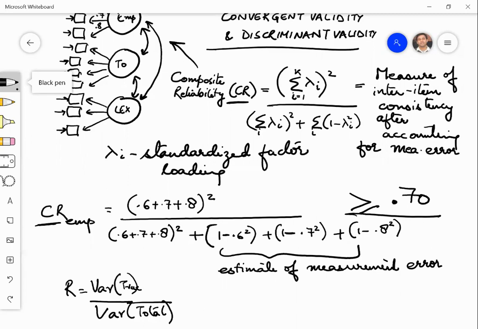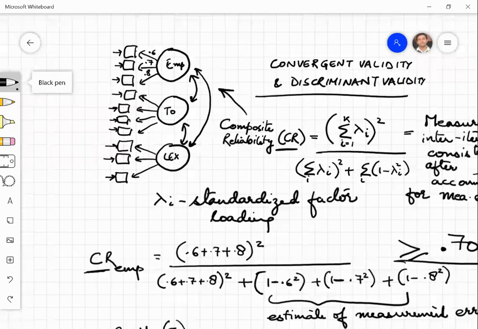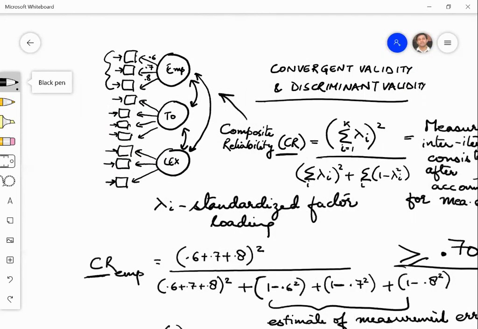Composite reliability greater than 0.7 is a condition for convergent validity. That means all these items converge onto the latent factor EMP, so these are adequate or right items for the latent factor EMP.